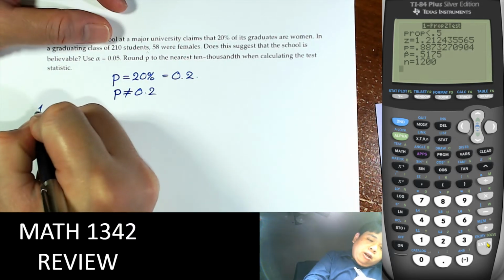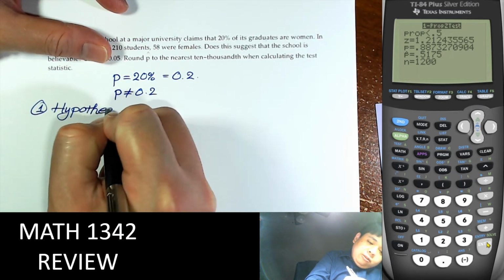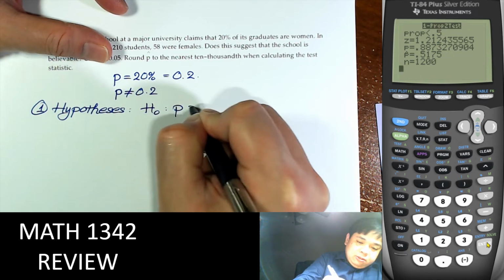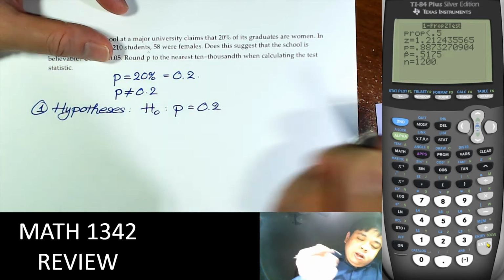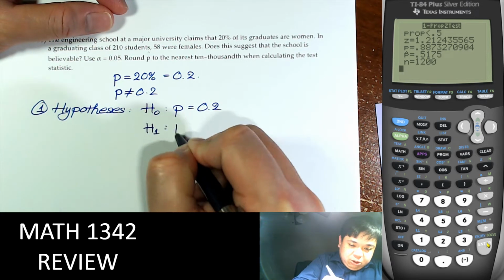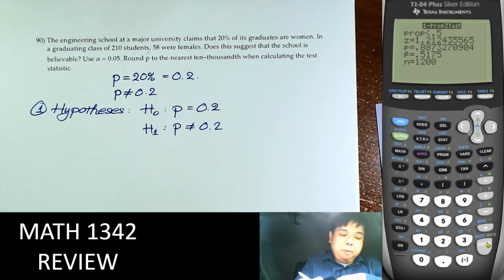So whatever has the equal sign will be the null hypothesis. The other one is the alternative hypothesis. So not equal to, in this case we have a two-tailed problem.